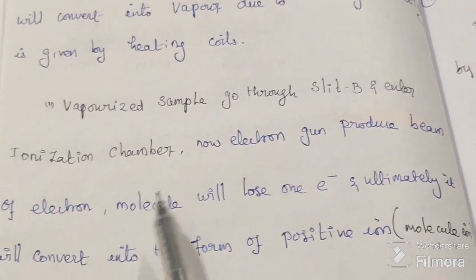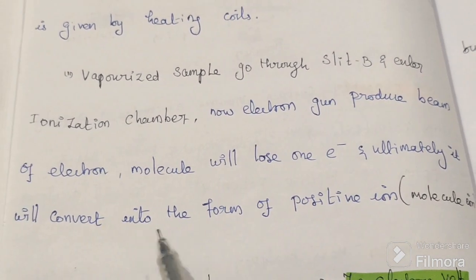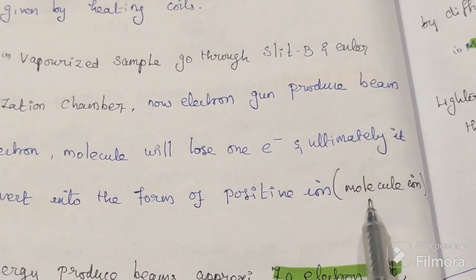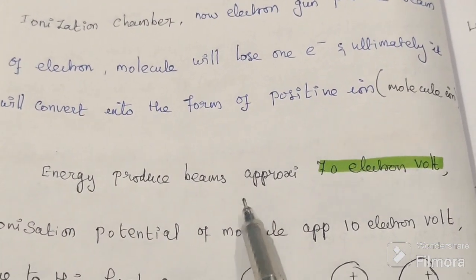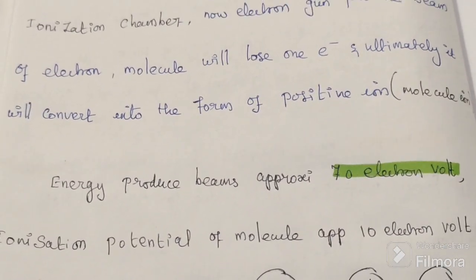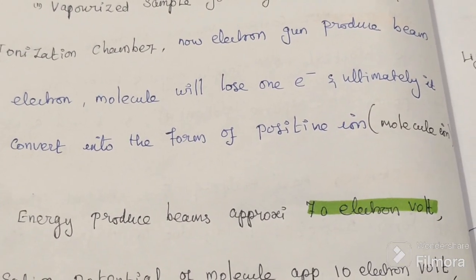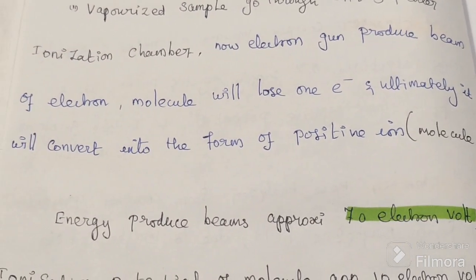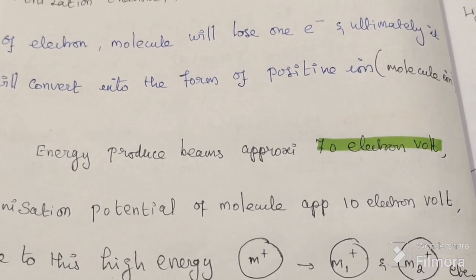Here the electron gun produces a beam of electrons, the molecule loses one electron, and ultimately it is converted into a positive ion, also called the molecular ion. The ionization potential of the molecule is approximately 10 electron volts.